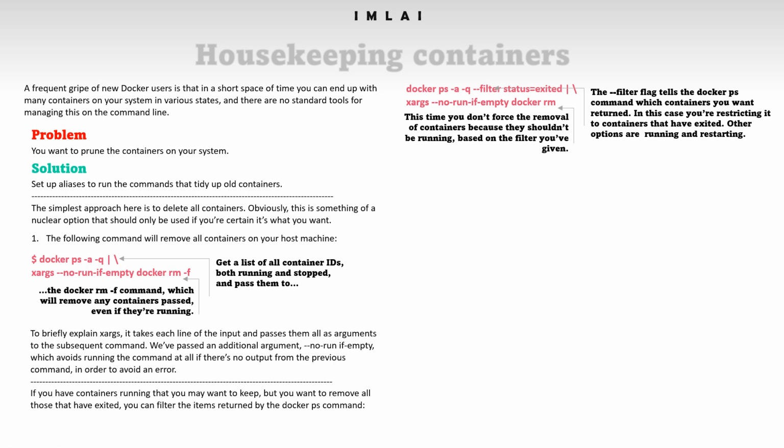You can put either status equal to running or restarting, and you can specifically remove. You see that rm here. You can specifically do the docker rm to either running or restarting, whatever you want, but you can remove it with one command. So this time you don't force the removal of containers because they should not be running based on the filter you have given.